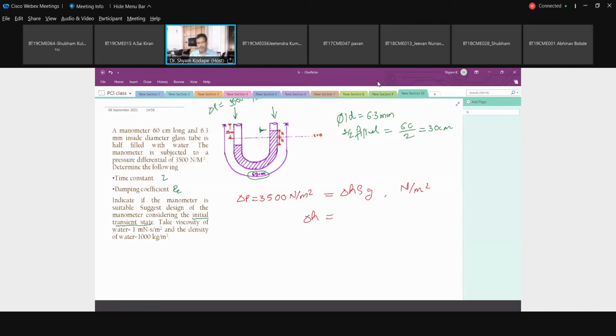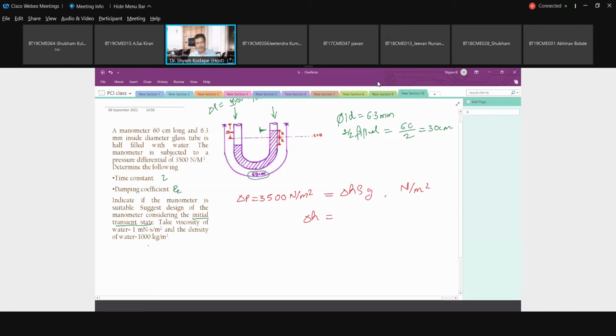Anybody please tell me what is delta H? Density of water is given, 9.8 acceleration due to gravity is given. What will be the delta H?